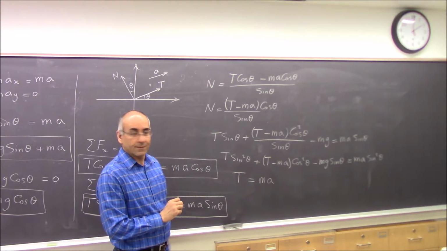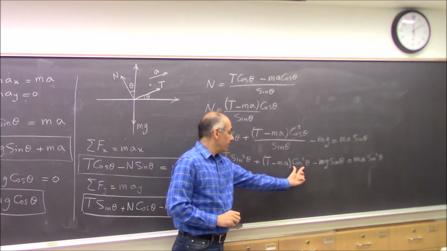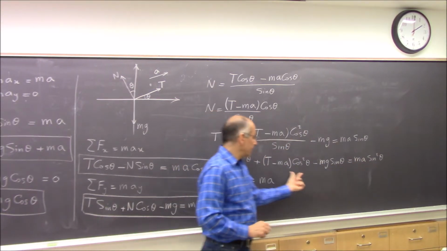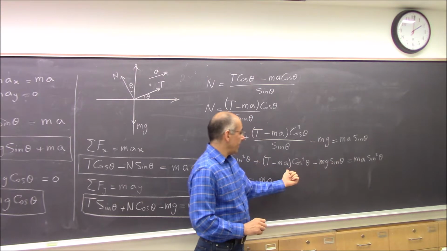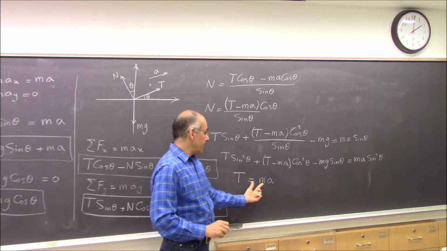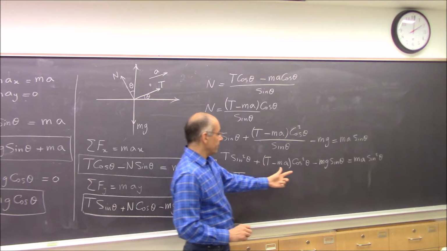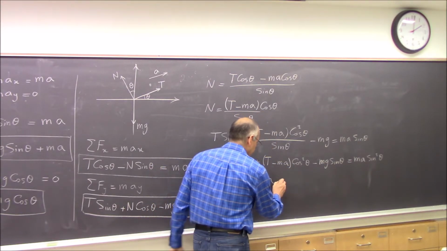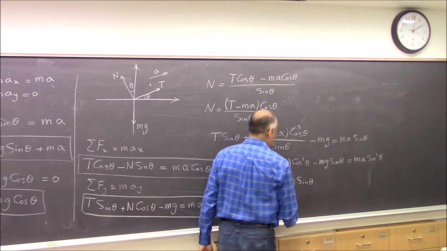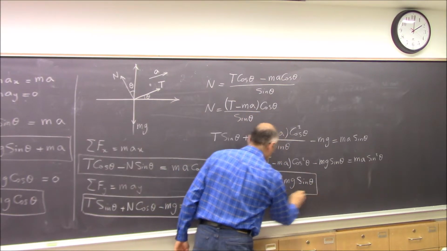Do you see that? You have negative ma cosine squared. Here you have ma sine squared. If you move this over, you get ma cosine squared plus ma sine squared becomes ma. And then you have mg sine theta, which is the same as what we had in here.